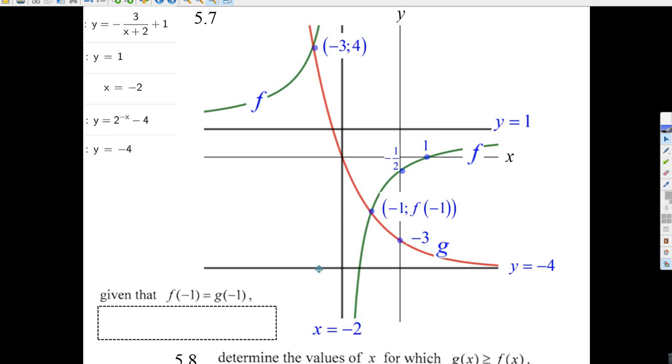So go 2 to the left and just make a line straight up and down at x equals minus 2. Now you know there's a branch up here, and you know that at minus 3 it goes through 4. So put in minus 3 and 4, and have it go through there. And now what else do we know? We know that this branch has to follow these asymptotes somehow, but we know that it has to have a y-intercept of minus a half and an x-intercept of 1.